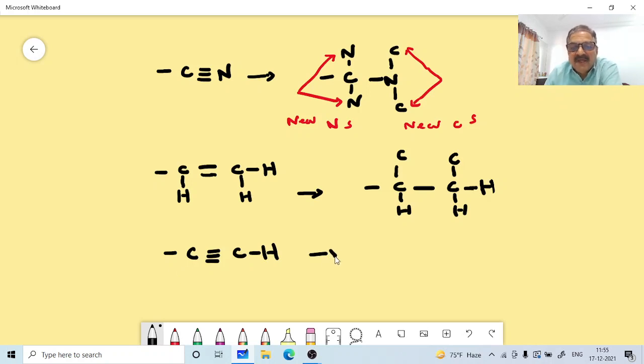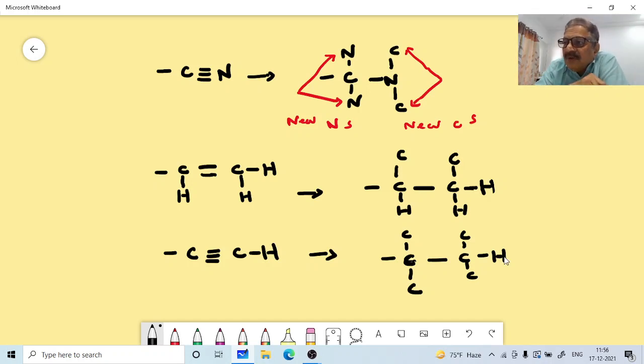This is equivalent to, say, C. Each atom in the triple bond is drawn thrice.